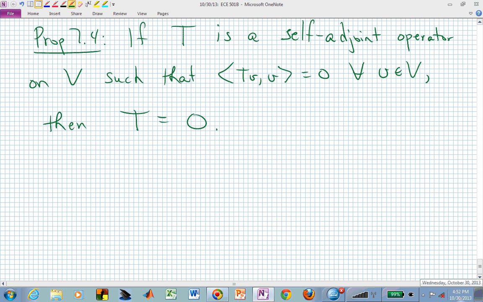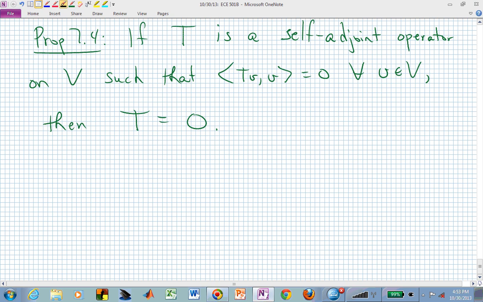In Proposition 7.2, we didn't have T being restricted to being a self-adjoint operator, but we needed V to be a complex inner product space. In Proposition 7.4, we're not saying where V is, are we? V could be a real inner product space or a complex inner product space, but we need T to be self-adjoint. That's like having a real number as our operator on that linear map.